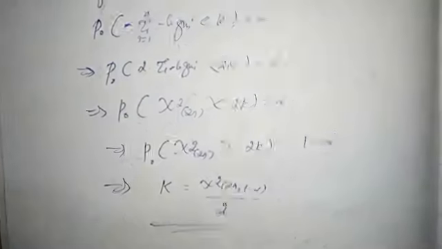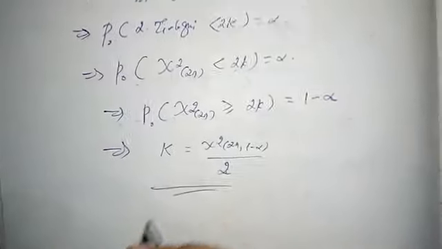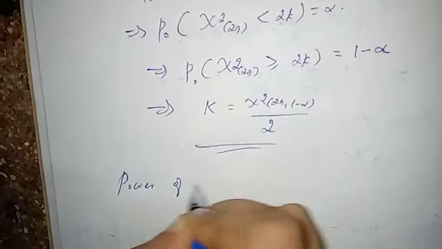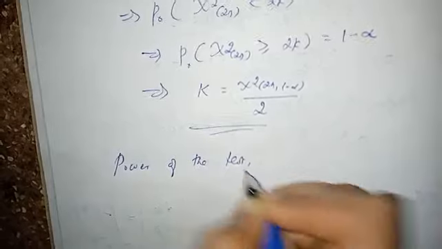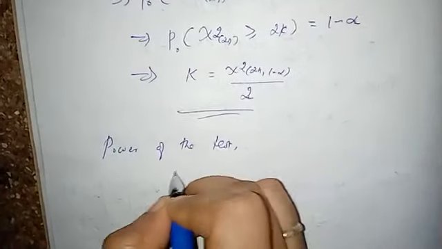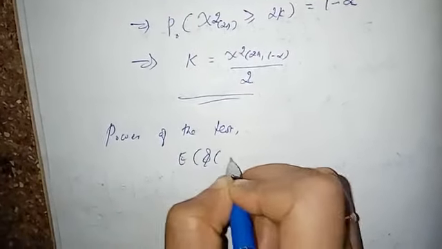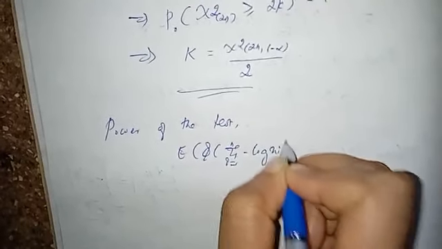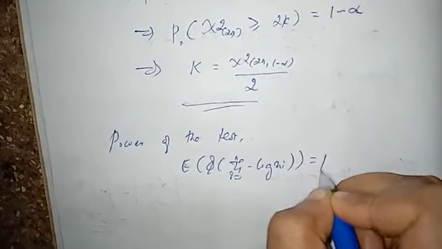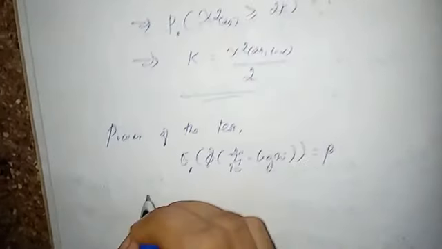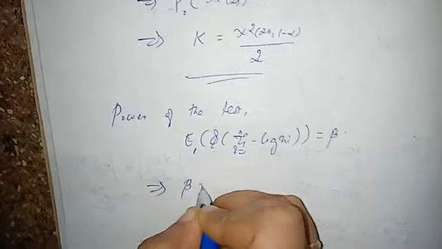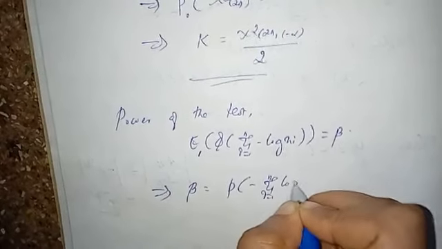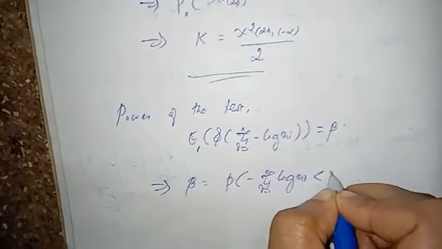Next we need to find the power of the test. The power of the test, that is the expectation of phi of summation i=1 to n of minus log xi, equals beta under H1, which implies beta equals the probability of minus summation i=1 to n of log xi less than k.